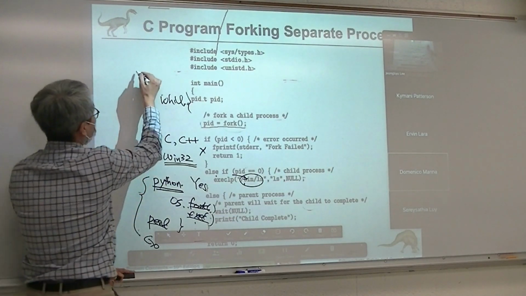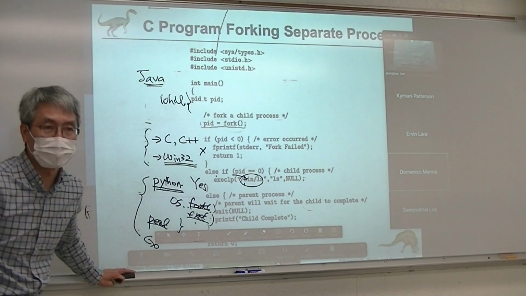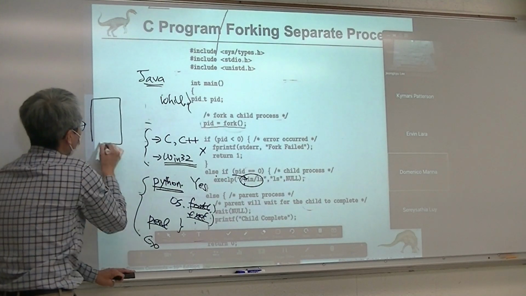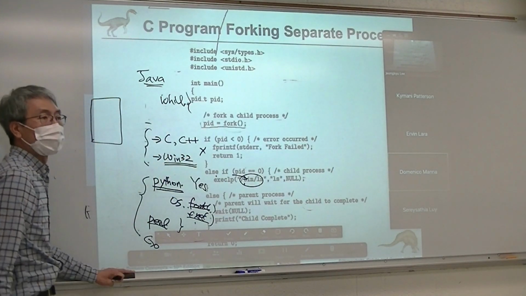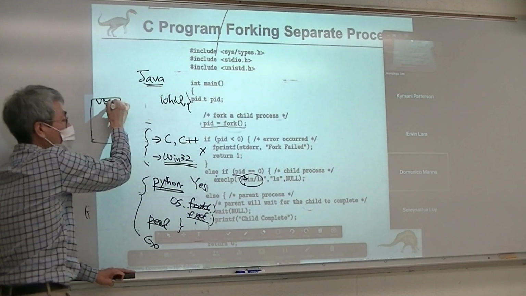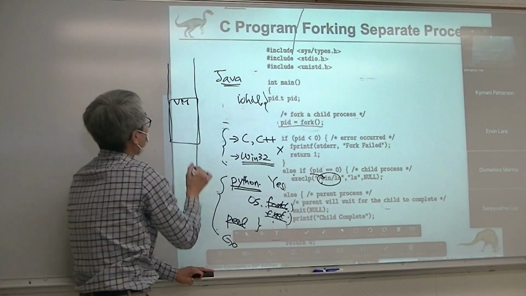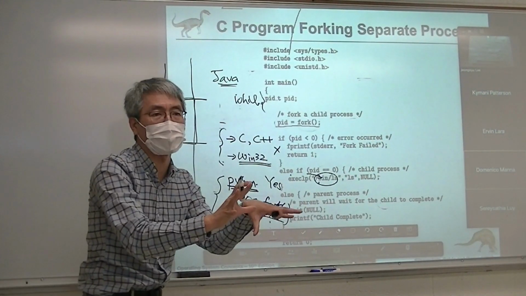What about Java? Java, you can also pretend. But actually, when you run a Java application, where is it running? It's inside the Java virtual machine. So in your memory, when you start Java, it allocates a specific room only for the Java application.